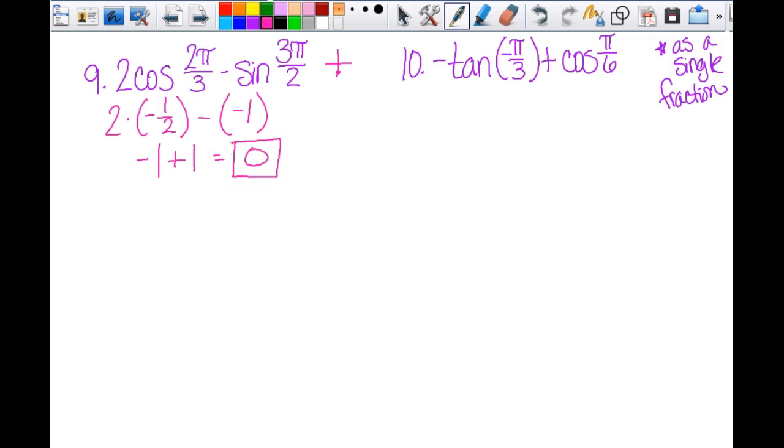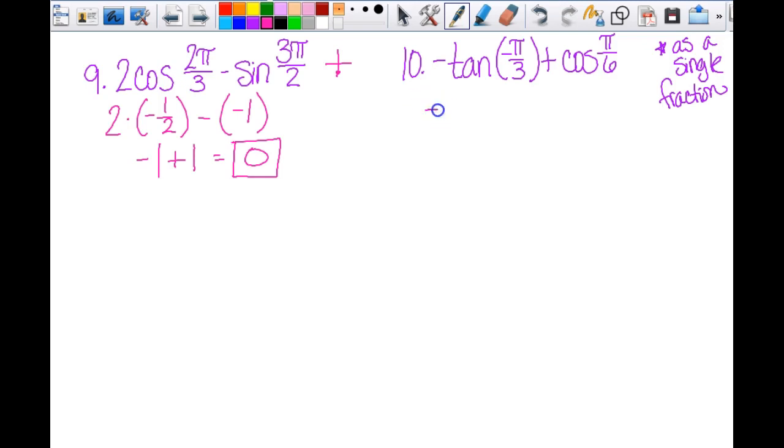All right, so number 10, I'm going to evaluate this. So I'm looking for the tangent of negative pi thirds. Pi thirds is my reference angle. The tangent of that is the square root of 3. But this is negative pi thirds, so that's in the fourth quadrant where tangent is negative.